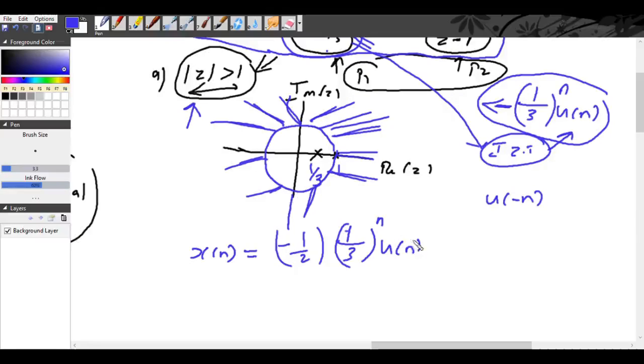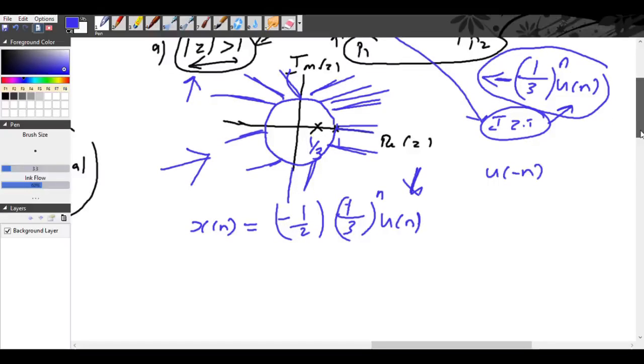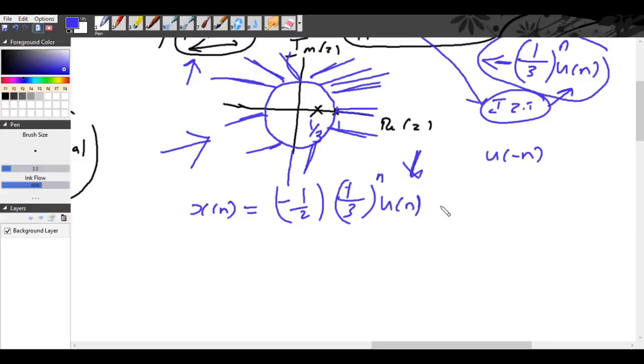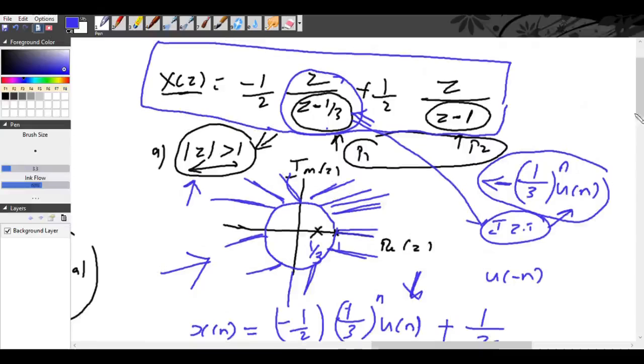So that is the reason I am selecting u of n, not u of minus n. So keep that in mind. So the ROC plot plays a huge role in telling us this particular equation for x of n. I hope you see clearly what I am marking, right? So next part, half into this one, right?